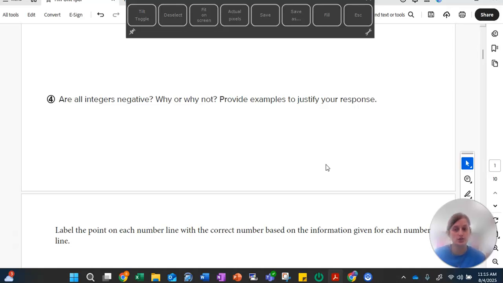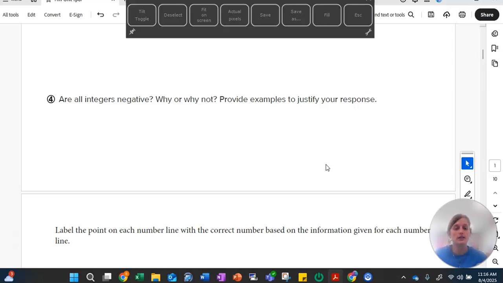So are all integers negative? Why or why not? Your sentence should start with either all integers are negative or no, not all integers are negative, and then you need to tell me why. You can provide examples in word format, like you can make it 2 sentences. For example, this integer, blah, blah, blah.